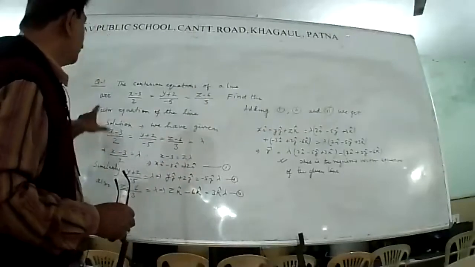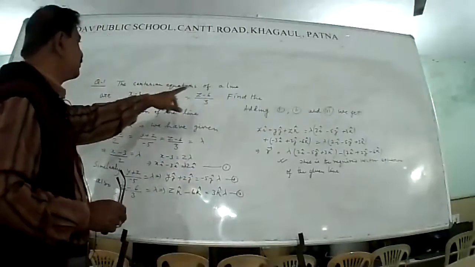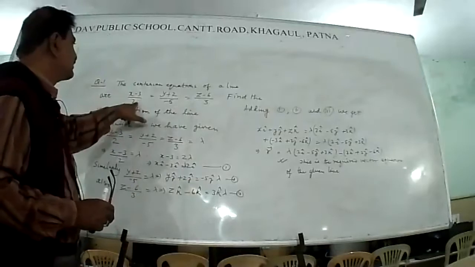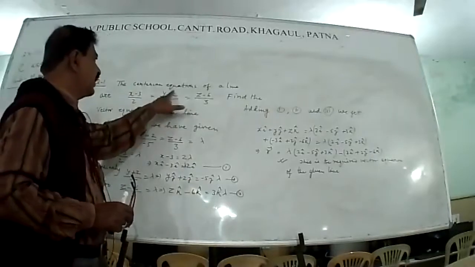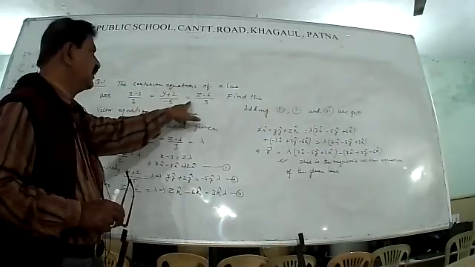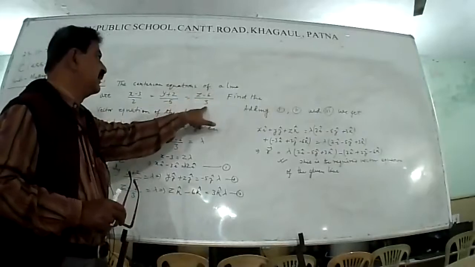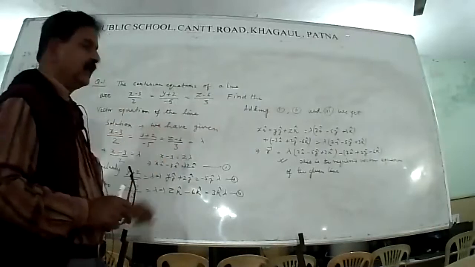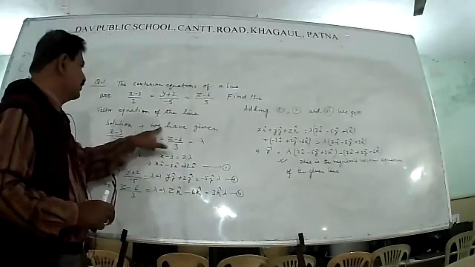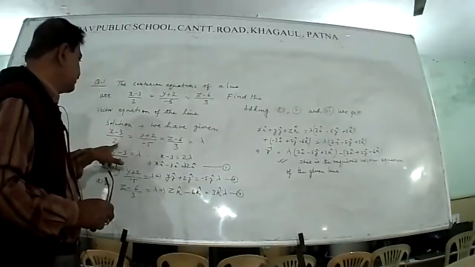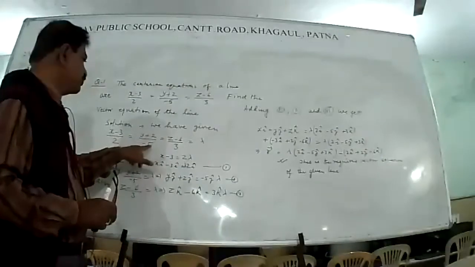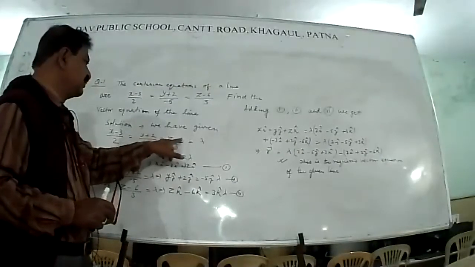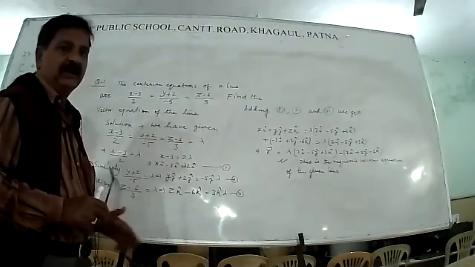Yes, sir. Okay. The Cartesian equations of a line are (x minus 3)/2 = (y plus 2)/(minus 5) = (z minus 6)/3. Find the vector equation of the line. We have given this equal to lambda.